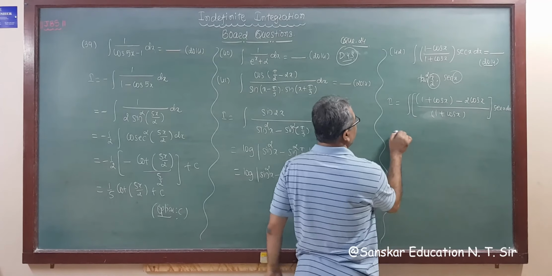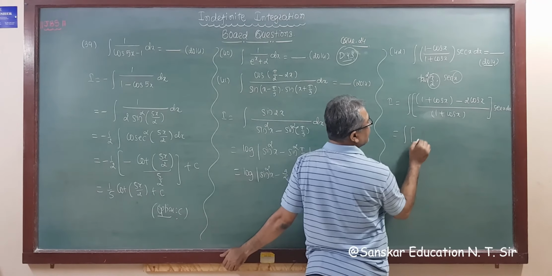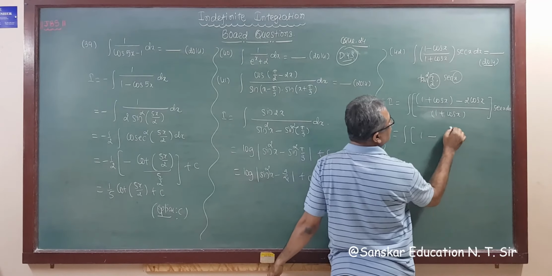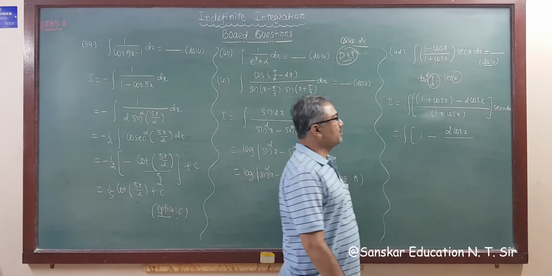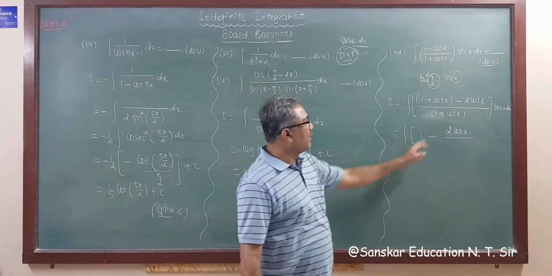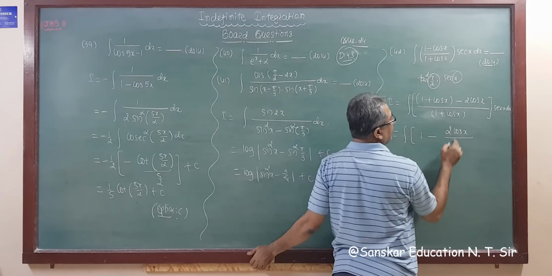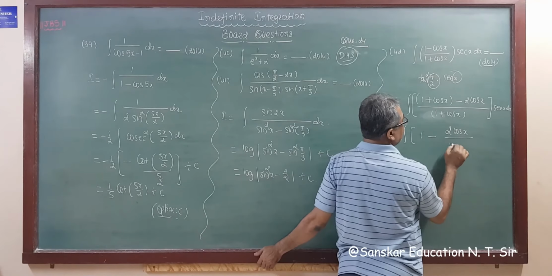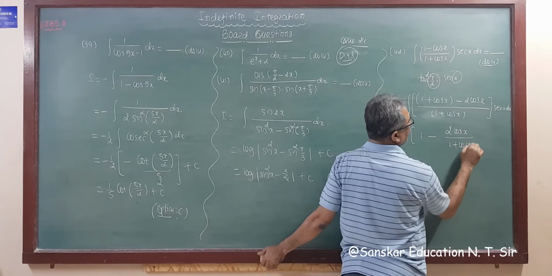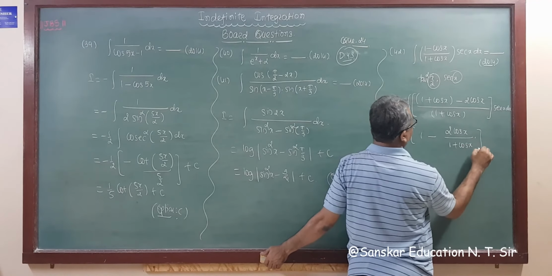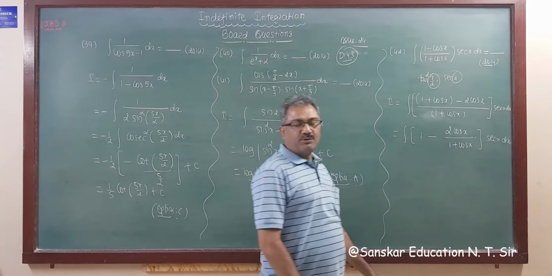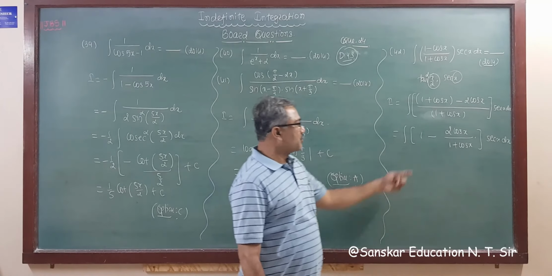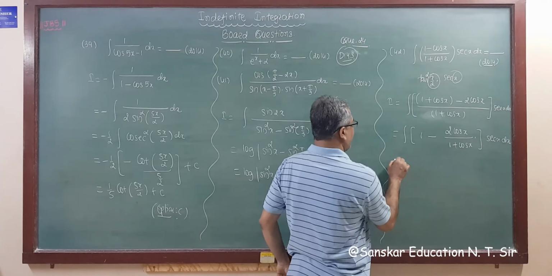So if we bifurcate this, we get integration of 1 minus 2 cos x whole upon 1 plus cos x, into sec x dx. So if we multiply this, what do we get?